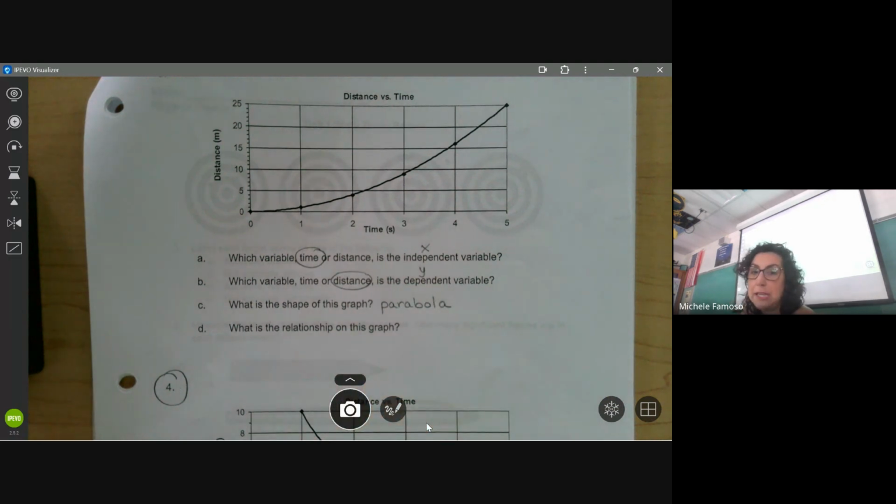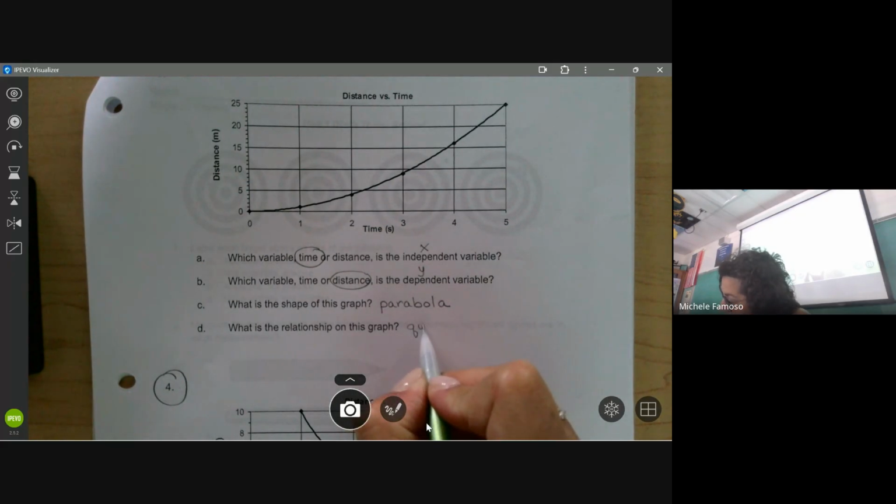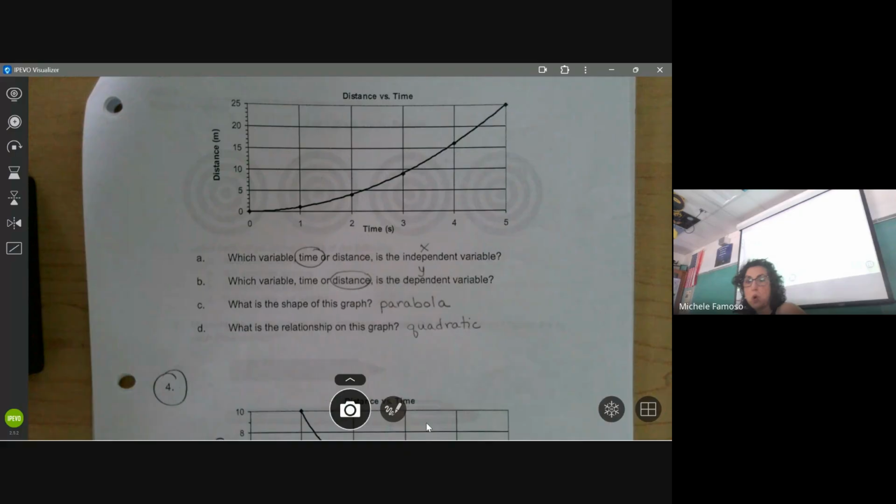And what is that relationship? Look in your notes. You have your notes in front of you, right? What's the relationship when you have a parabola? Quadratic. Very good. Quadratic.